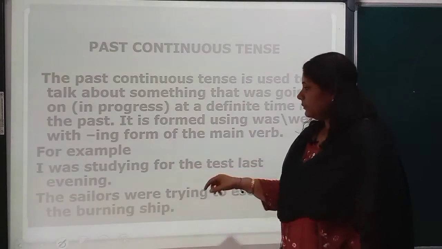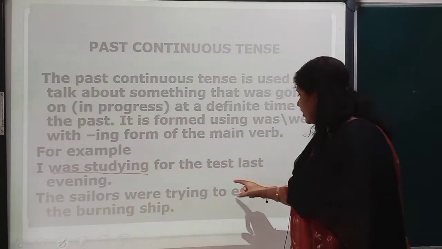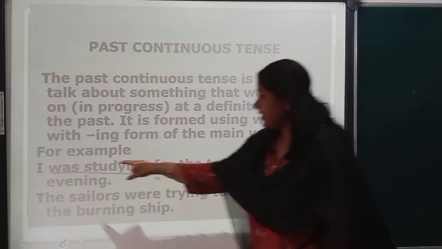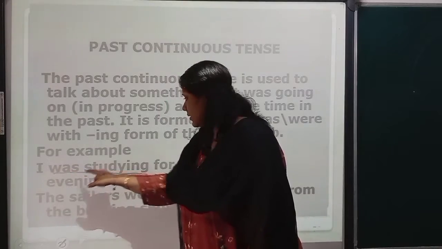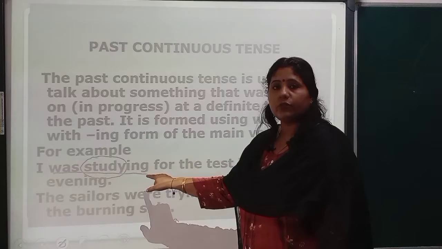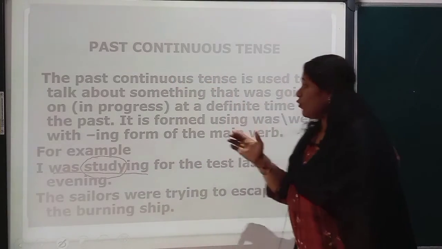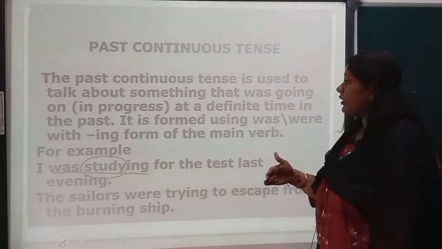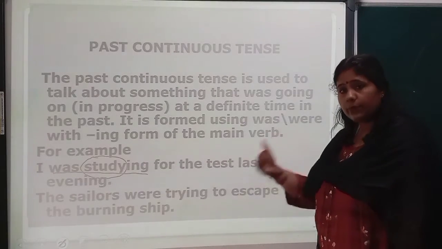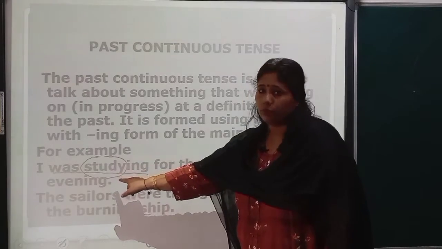For example, I was studying for the test last evening. I is singular, so was. Study is the verb, then the ing form. We have to add ing for the past continuous, because the action we are talking about was going on, in progress.